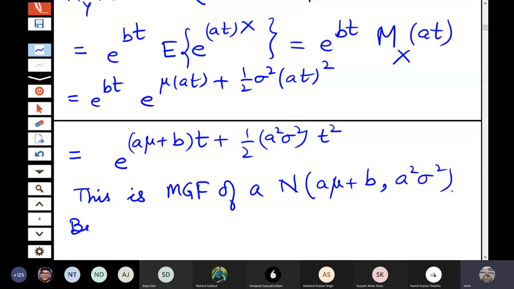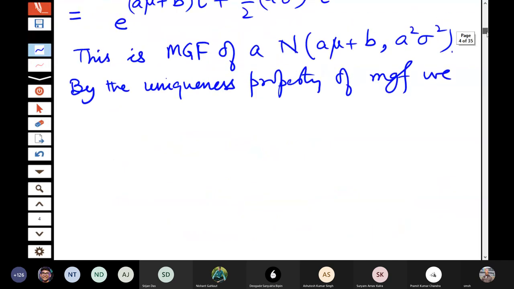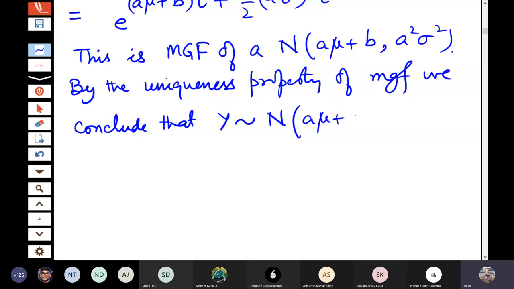So by the uniqueness property, we conclude that Y follows a normal a mu plus b, a square sigma square distribution. So this is the linearity property of the normal distribution. Is the proof clear to everyone?